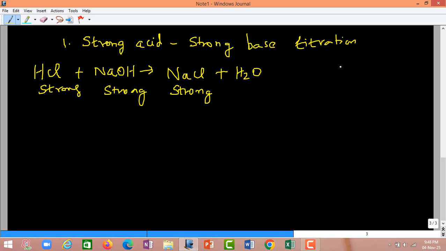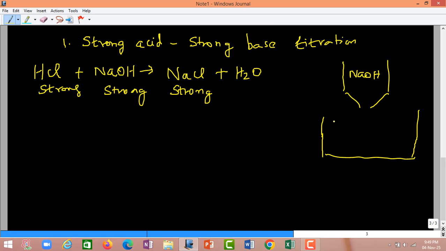Now, during this titration, let us assume that we take the sodium hydroxide in the burette and the hydrochloric acid in the beaker. We will put a conductance cell into the hydrochloric acid and connect it with the conductance bridge.